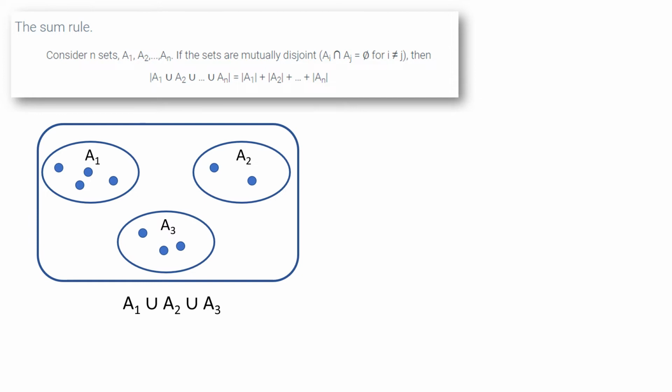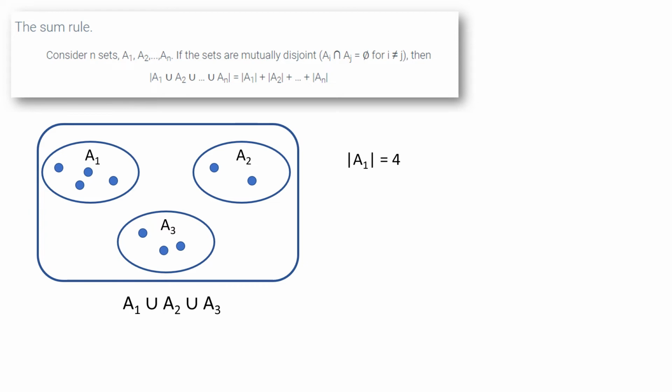And looking at this example down here, you see that it's a very simple concept, right? We've got three sets, A sub 1 up through A sub 3. We've got, if these dots represent the elements in the set, and they're not overlapping at all, then if I say how many elements are in the union of A1, A2, and A3, we would just count the number of elements in A1, count the number of elements in A2 and A3, and add them all up.